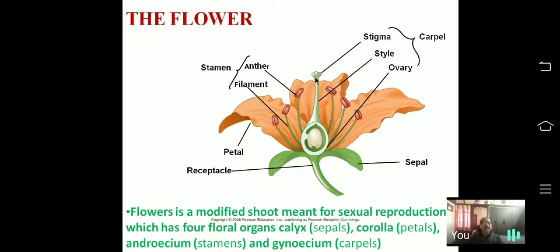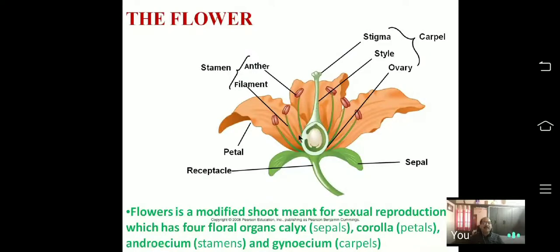Each pistil is divided into three parts. The topmost portion is called the stigma. Stigma is the landing place for pollen grains during pollination. It is followed by a long slender stalk called the style.